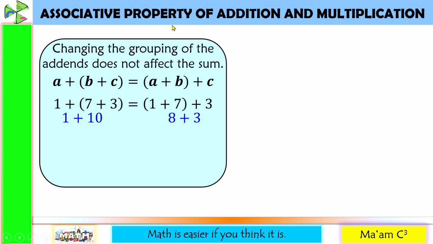So, associative property of addition states that changing the grouping of the addends does not affect the sum.